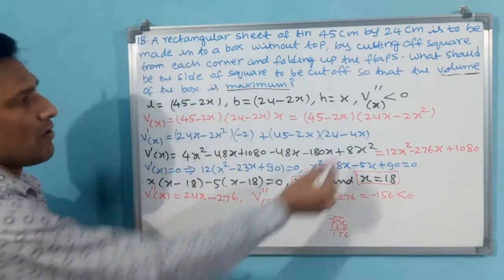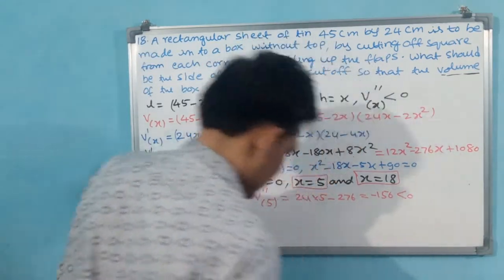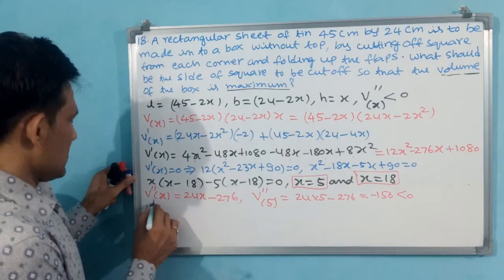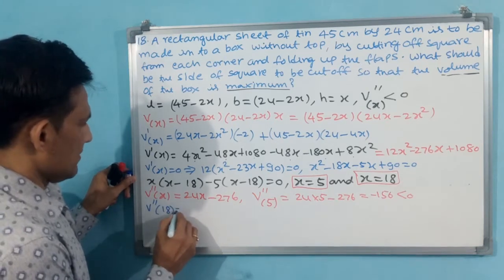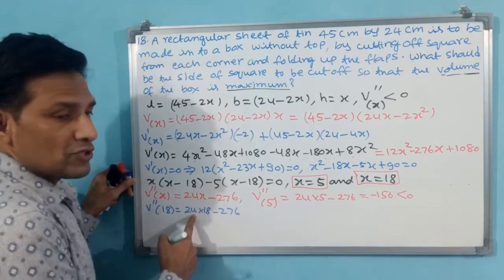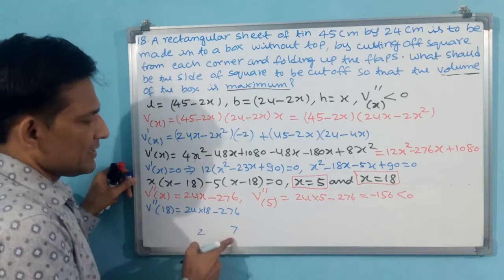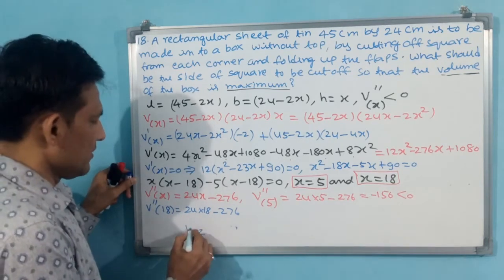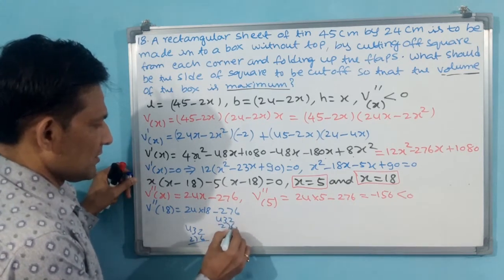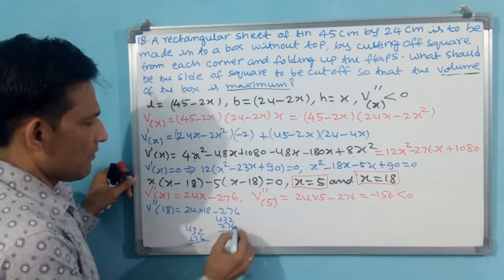That means, see, 5 is the correct answer. But let us see 18 also. V double dash 18 is 24 into 18 minus 276. 18 4s are 72, 18 2s are 36 plus 7, 432. 432 minus 276 is 156.